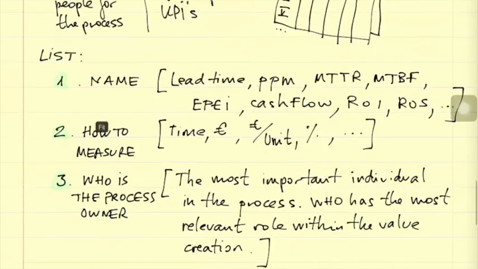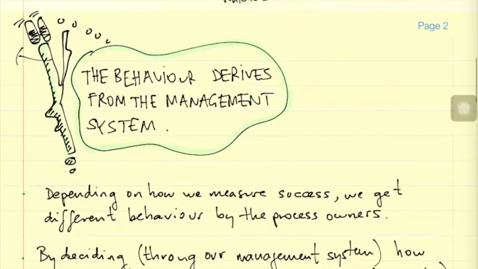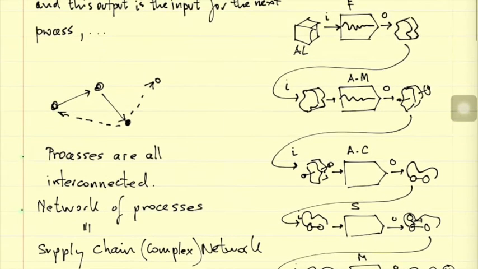Because as we said before, processes are all interchanging networks, and sometimes it is difficult to say when something is finished. Okay, so when is the process finished? By the cast motor block, or is it finished when we assemble the process?